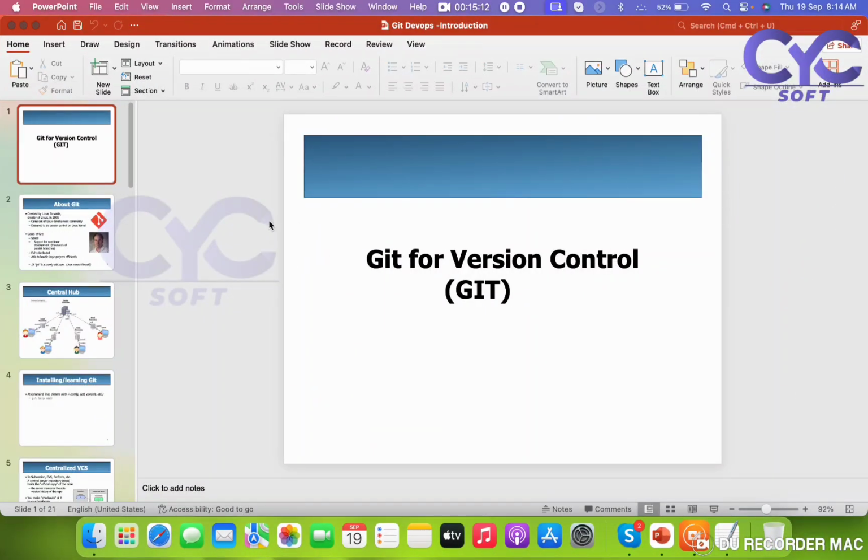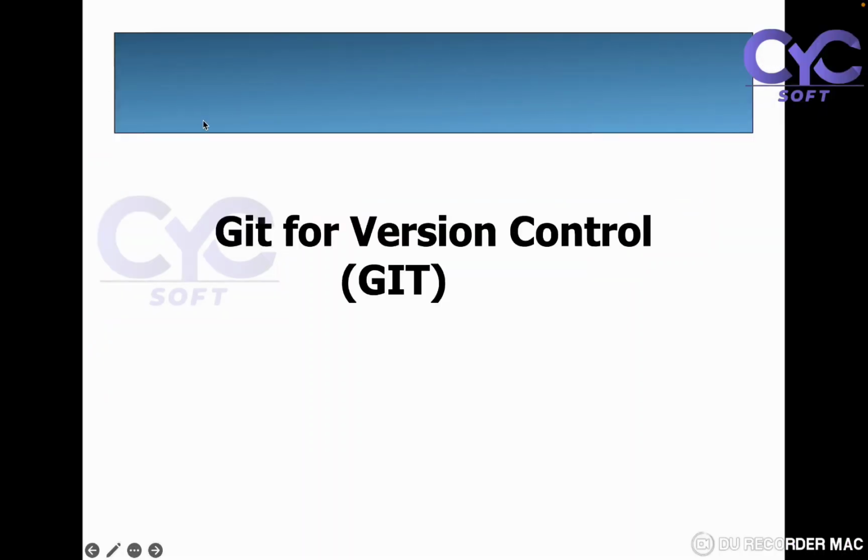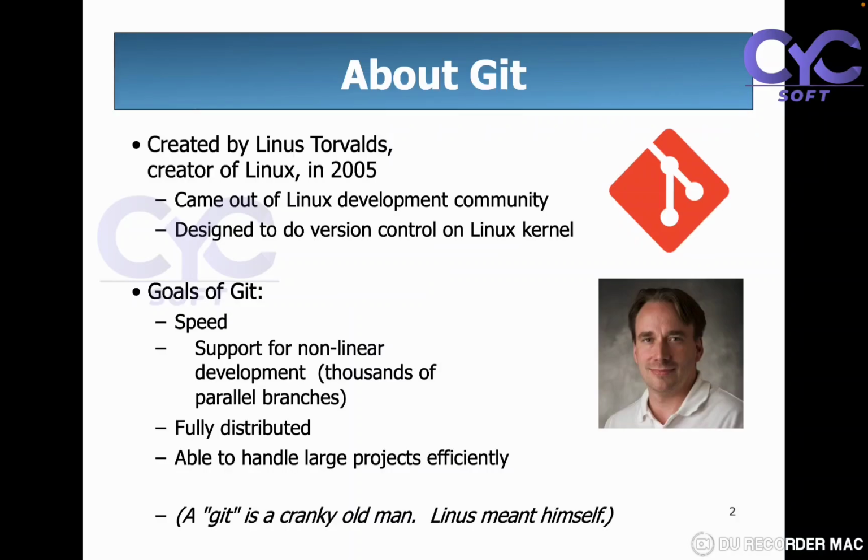Git is a version control system. Basically, Linux evolved in 2005.